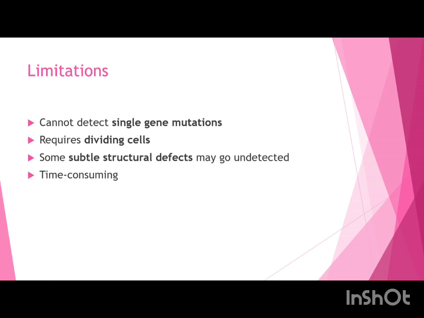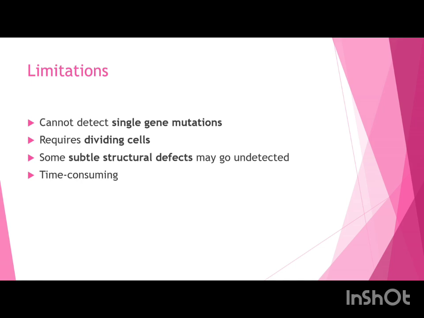Now, what are the limitations? You cannot detect a single gene mutation because we are talking about the whole chromosome. If there is a slight 1 micrometer change in the chromosomes, that could not be detected, and it requires dividing cells.